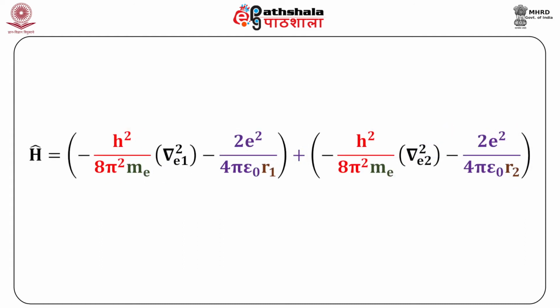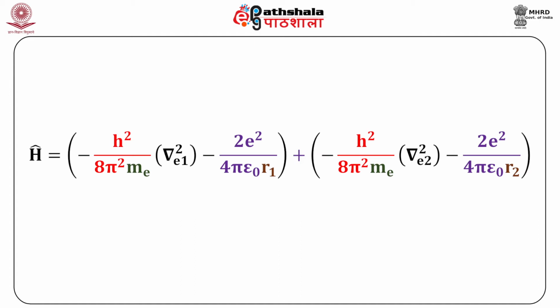Now you can see that on rearrangement, this equation assumes the following form. In one parenthesis we have minus h² upon 8π²me ∇₁² minus 2e² upon 4πε₀r₁.